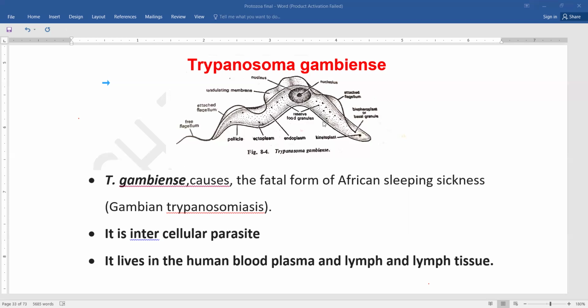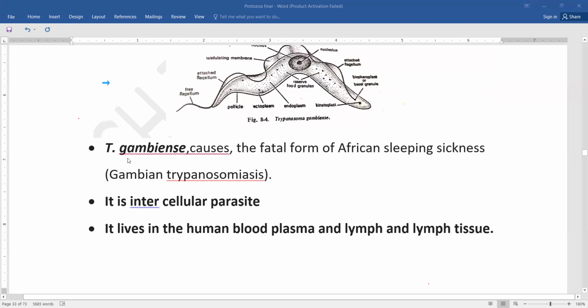There is not much important thing, and some reserved food materials like glycogen granules are seen in the cytoplasm. Anyway, Trypanosoma gambiense causes the fatal form of African sleeping sickness, which is very, very dangerous. It is also known as Gambia fever or Gambian trypanosomiasis.